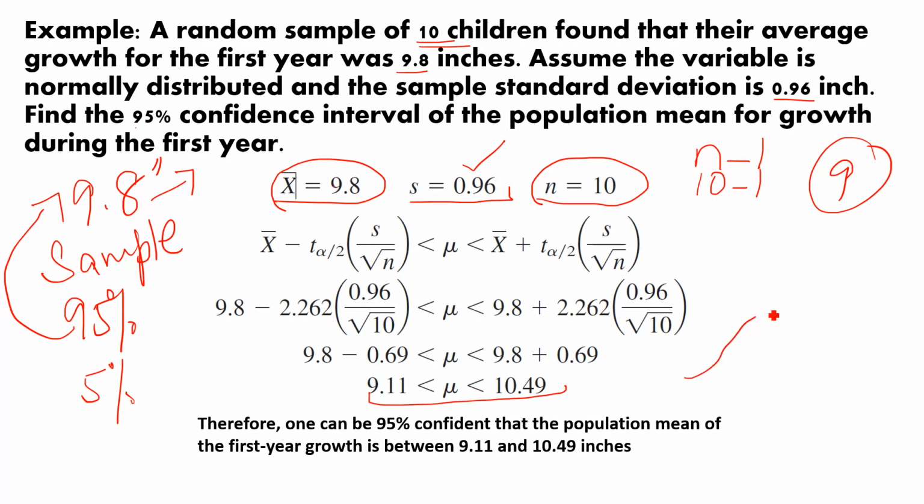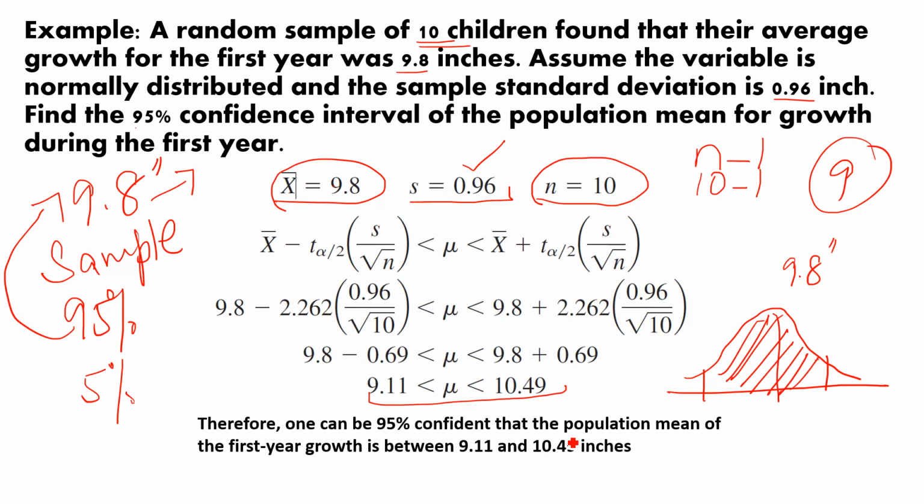So the curve is like this. 95% is the acceptance region, that we accept that population mean is also 9.8 inches, but 5% we are in doubt.